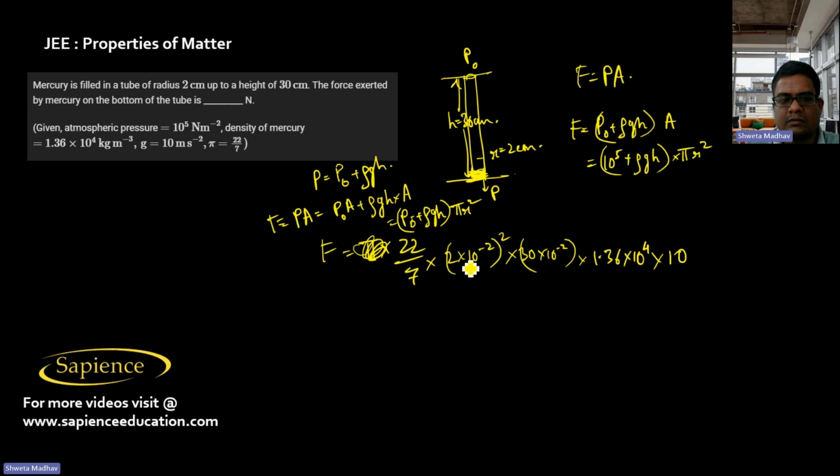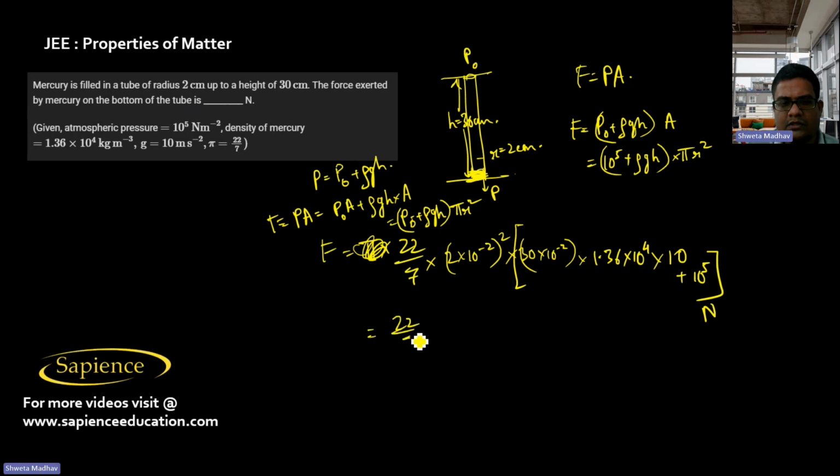We can say this is pi r square into H rho g plus 10 power 5. This much Newton we will get. H rho g plus 10 power 5.